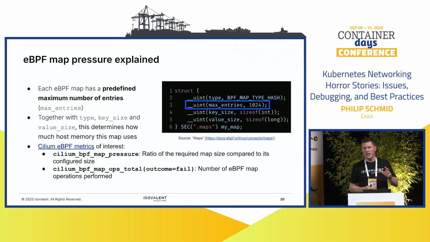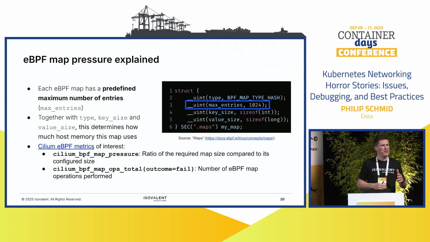Now, luckily, again, there are pretty helpful Cilium eBPF metrics in there. For example, there's the Cilium eBPF map pressure metric, which is essentially a float value between 0 and 1, and it's essentially a percentage of the utilization of the regarding map.